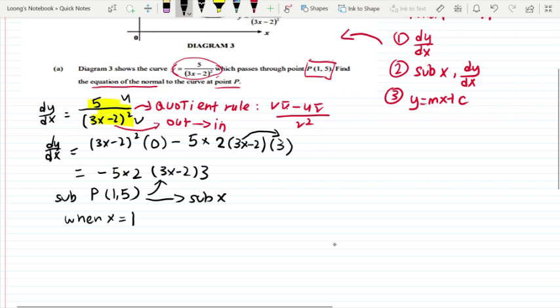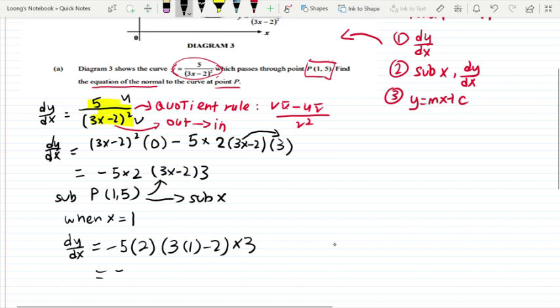So dy dx, which is our gradient, is -5 over 2 times (3 times 1 minus 2) cubed, multiplied by 3.